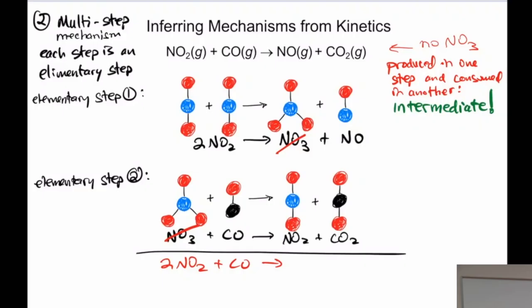Where's my mistake? Oh, no, there's no mistake. It goes to NO2 plus CO2, but notice that I have 2 NO2 on the left and one NO2 on the right. Wait a minute. You just need double of everything. No. This is supposed to come out just right. Oh, there's an NO. I didn't put the NO here.